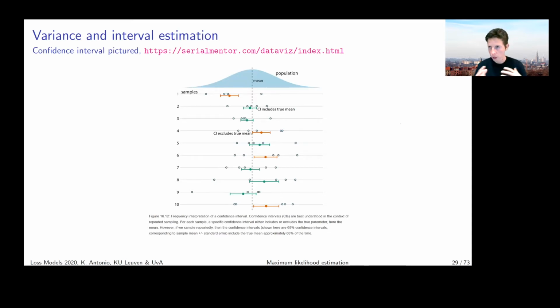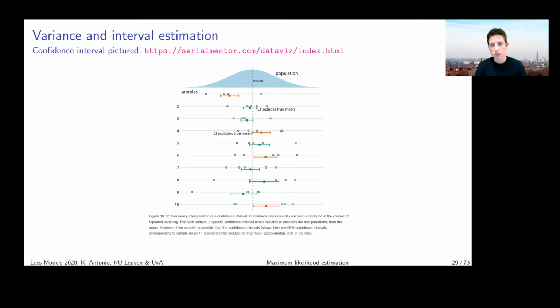So let's say that you try to put together a confidence interval for the mean, and that the true mean is at the dashed line. Then what these confidence intervals will tell us is that if you repeat the experiment, in this visual we repeat the experiment 10 times, so we get 10 different samples. For each of the samples, we calculate the confidence interval for the true mean parameter, right?